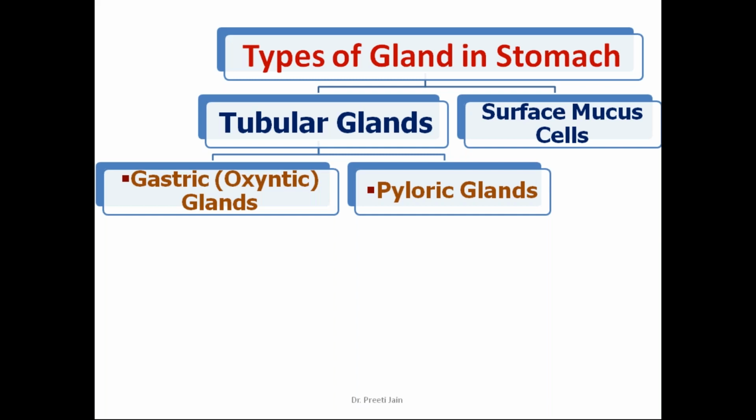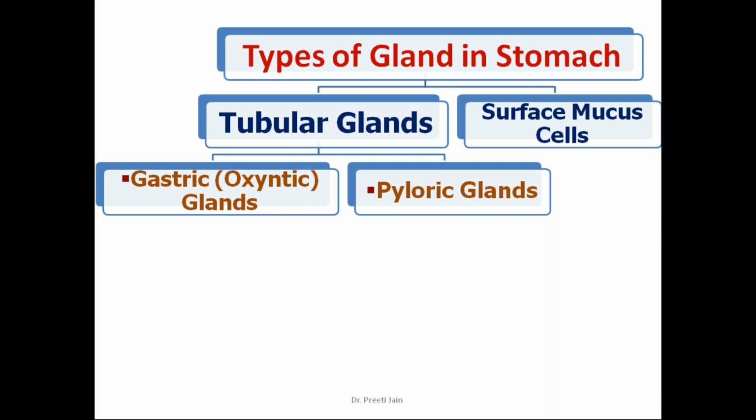Types of glands in the stomach. There are two types of glands in the stomach: you have tubular glands and you have surface mucus cells, right? When I told you about the organization of various layers in the GIT, by and large, the GIT comprises 4 layers, and these glands are usually present in the mucosal layer.